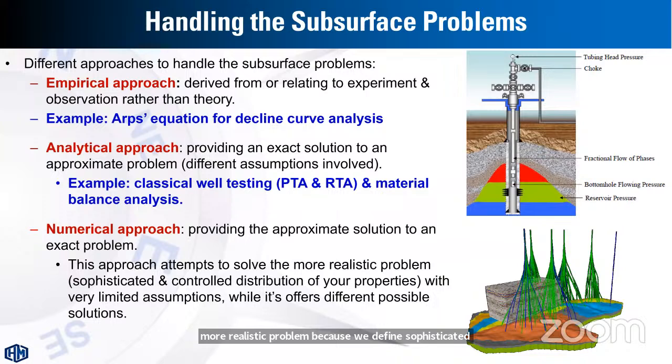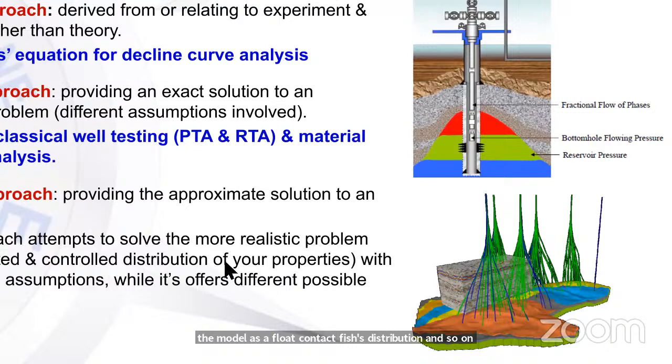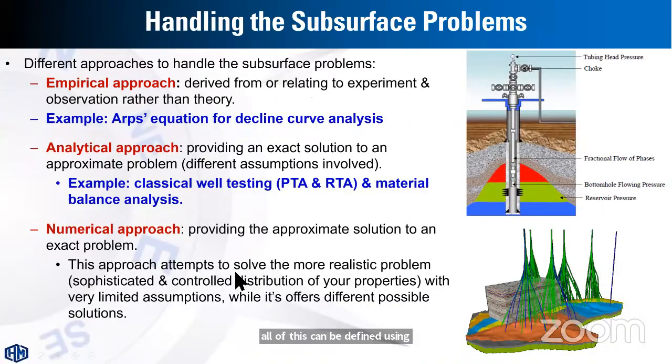Like in a simulation model, you can define the property distribution for porosity and permeability in X, Y, and Z directions. Also, you can define the fluid contact, structure, fault model, phase distribution, and so on. All of this can be defined using the actual data.